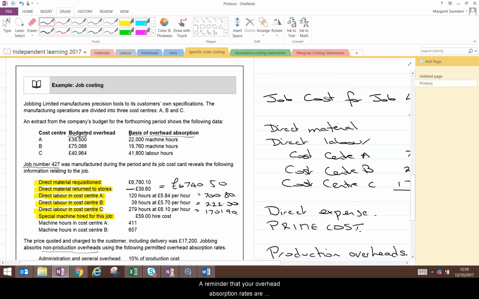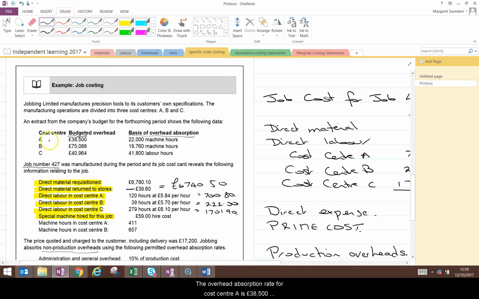A reminder that your overhead absorption rates are always calculated on budgeted figures, and it's the budgeted overhead divided by the budgeted level of activity.